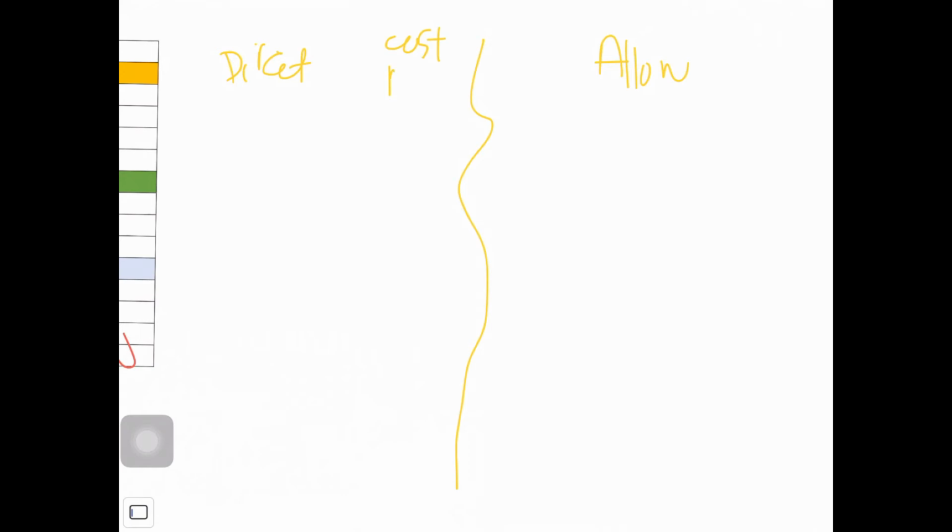Our cost and our NRV. Our cost is 8 million and NRV is 7.85 million. So we have a difference of 150,000.